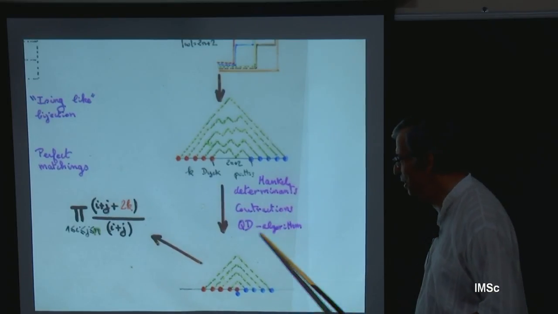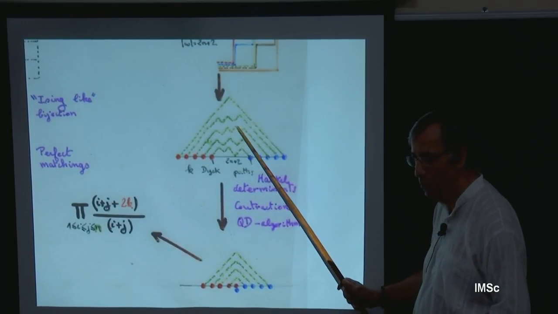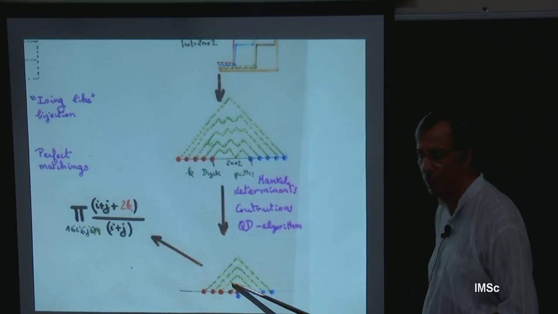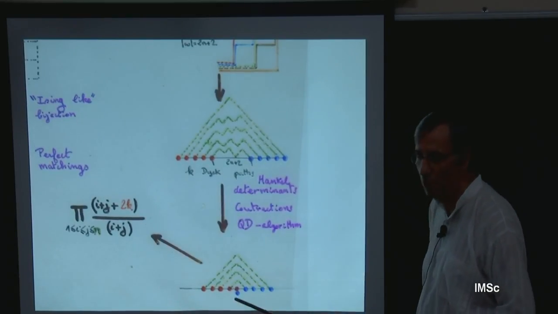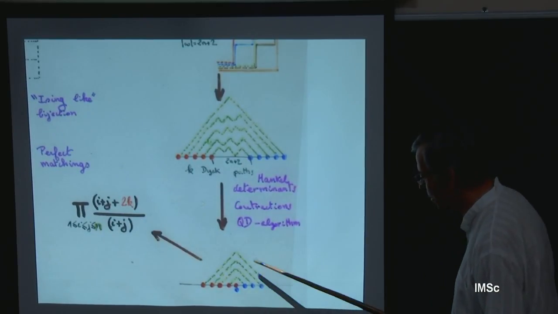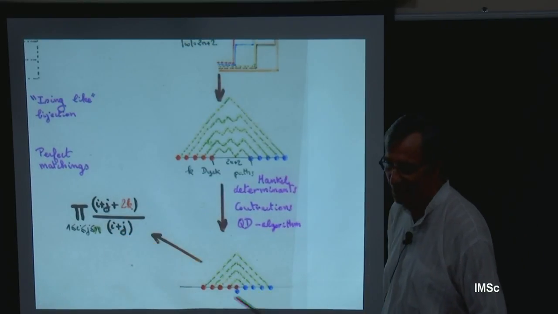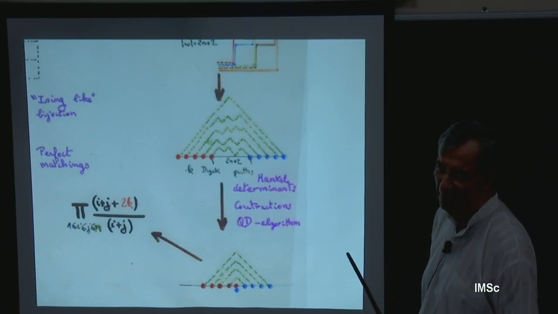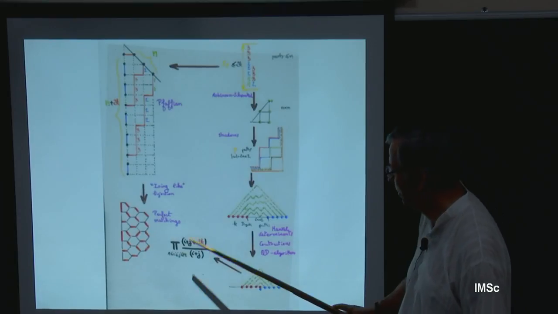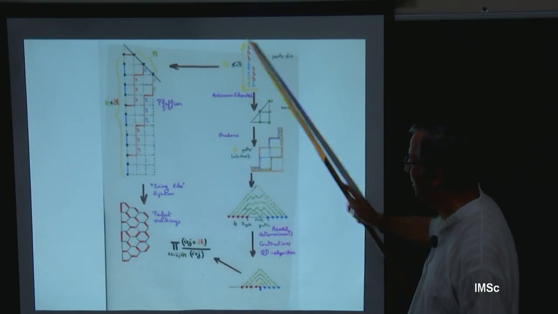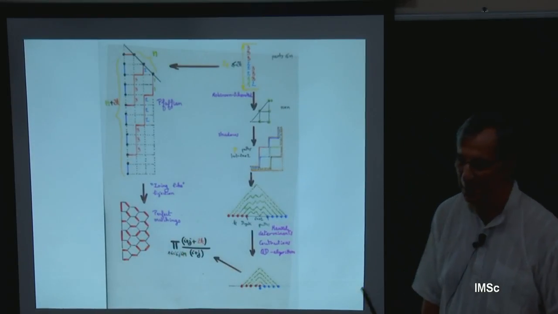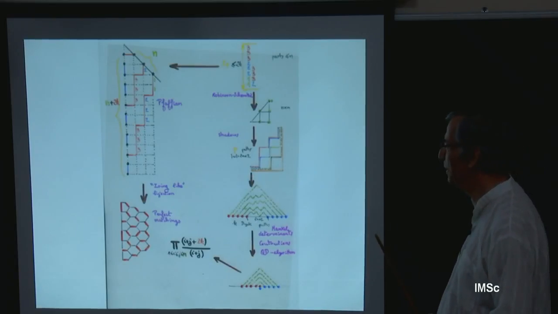So there is a way to interpret the QD algorithm and to go from this configuration to a unique configuration. But now all the weights become rational numbers, and the product of these rational numbers gives this. So this gives you a proof of the formula, a festival for the last part.